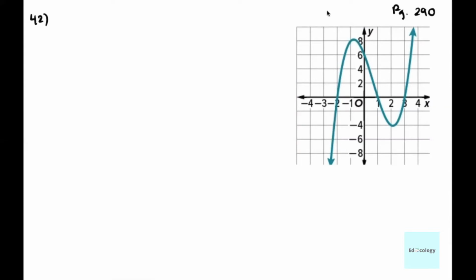In order to be able to write the polynomial, first we have to look at the roots, okay? The roots here are negative 2, 0, 1, 0, and 3, 0. So x is equal to -2, x is equal to 1, and x is equal to 3.